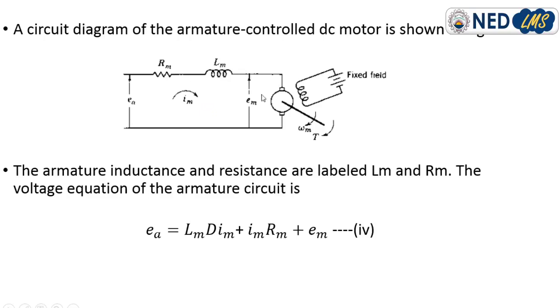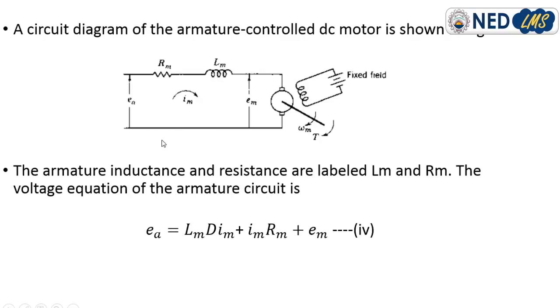So this is the overall circuit diagram of our system, the DC servo motor. We have the armature circuitry, the field circuitry, and finally a mechanical rotational system. If I want to write the equation of this loop, the armature inductance and the resistance are labeled as Lm and Rm.